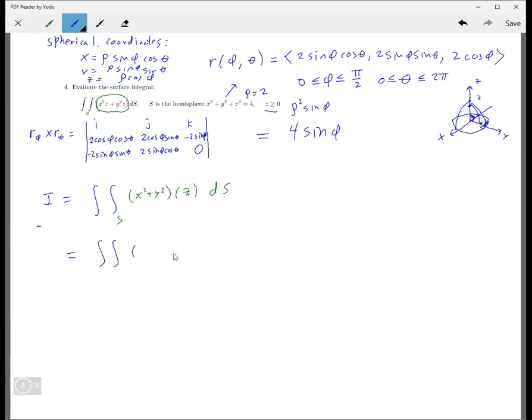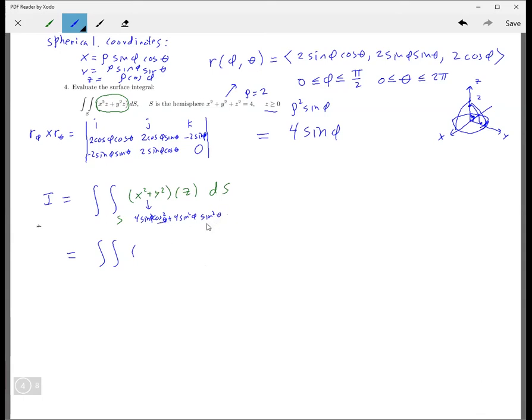So x will be what? So x squared is going to be 4 sine squared phi cosine squared theta, right? Okay, let's do an intermediate step. So that's 4 sine squared phi cosine squared theta, and then y squared is 4 sine squared phi sine squared theta.